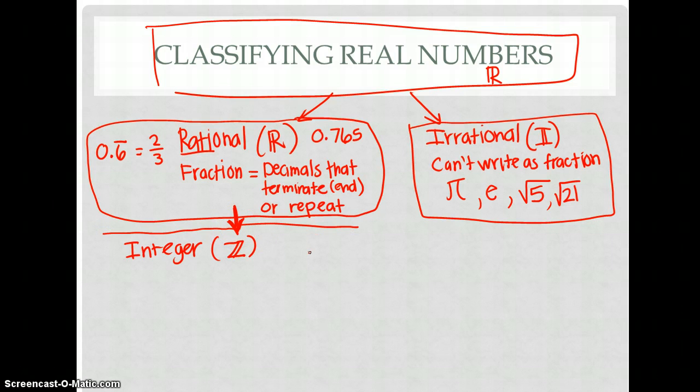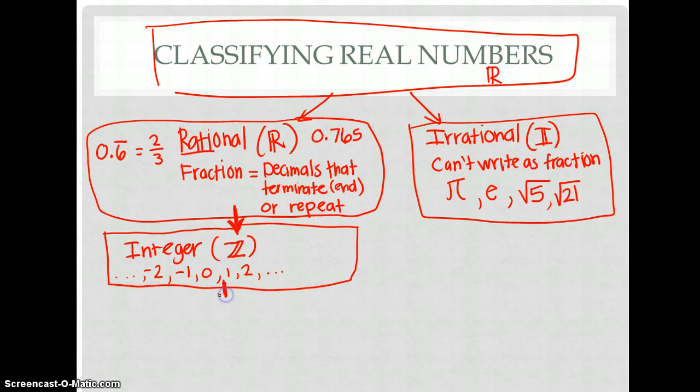Integers are whole numbers on the number line, for instance, -2, -1, 0, 1, 2. So no decimals. Integers are positives and negatives that can be found listed on the number line, up to infinity, down to negative infinity, all of those numbers.